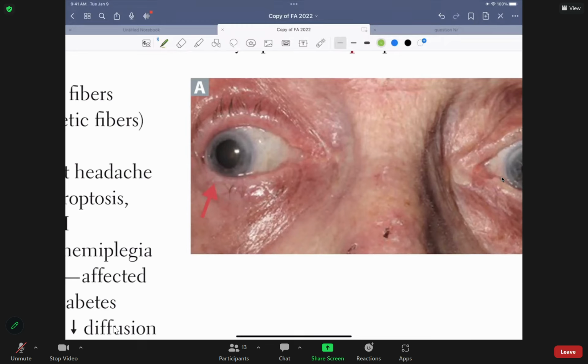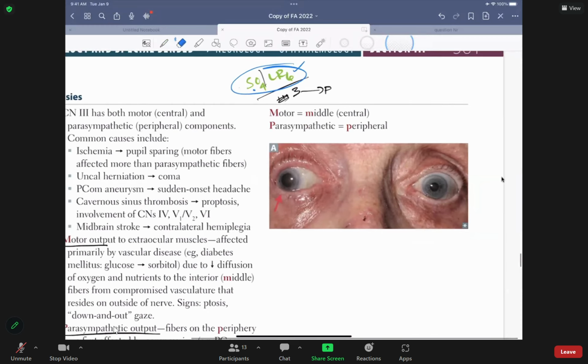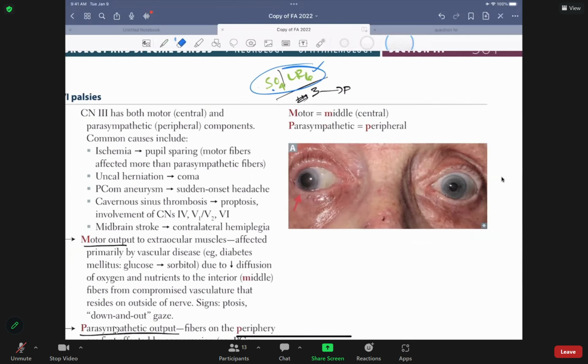If I were to see the eyeball in the middle, for example, I would say it's a mild compression, because it's only affecting the parasympathetic fibers, not the motor fibers. Is everybody clear, folks? So that's the best way to think, okay?